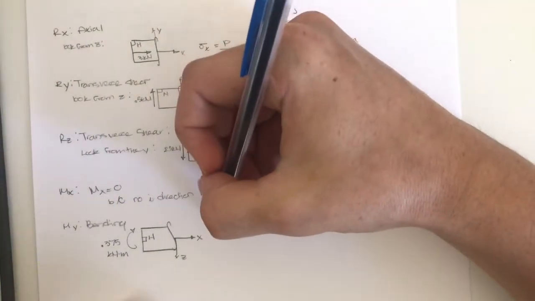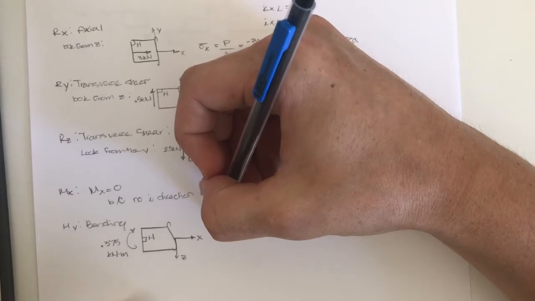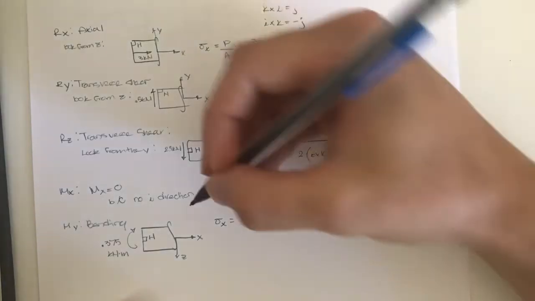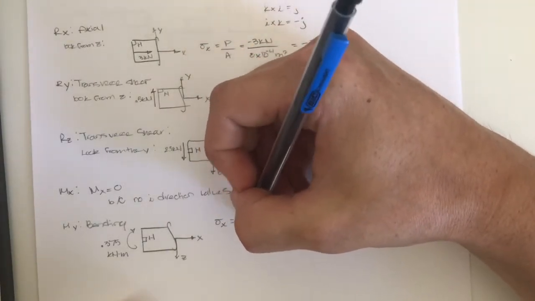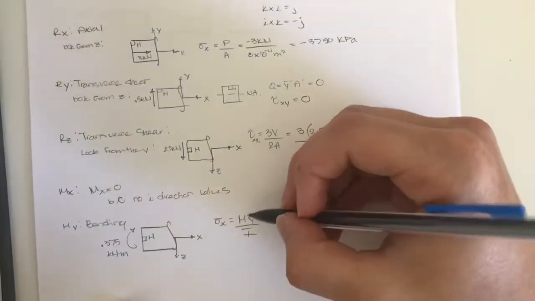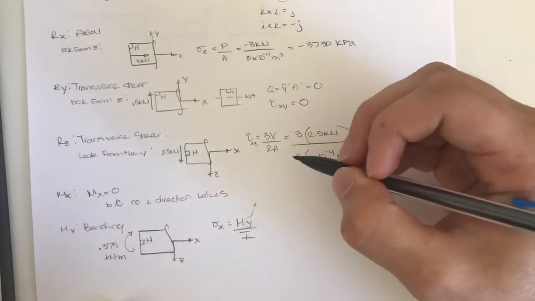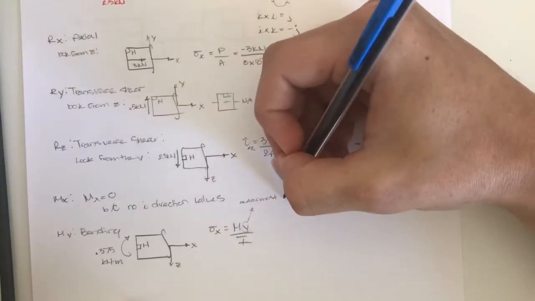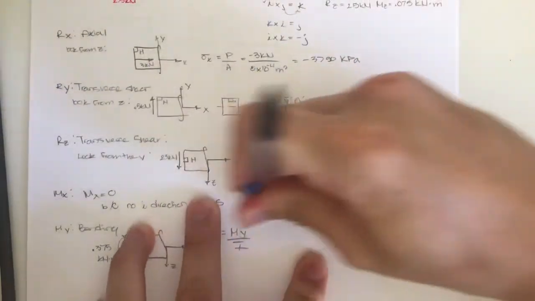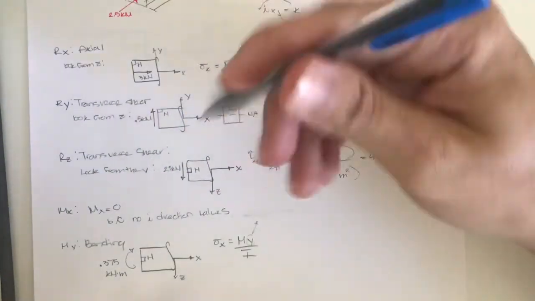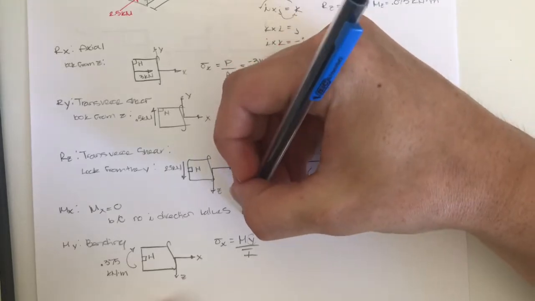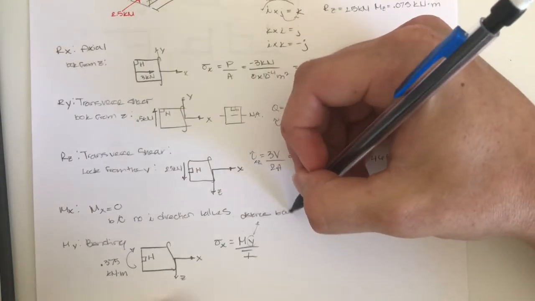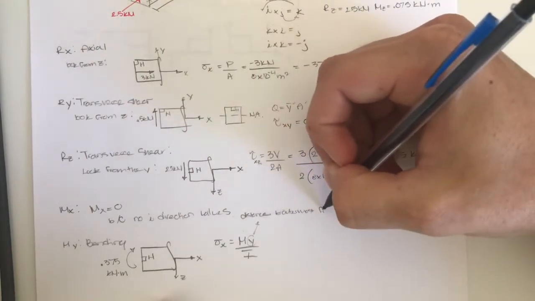So we know that there is going to be a stress in the x direction here, where stress equals My over I. Y is the distance to the outermost fiber from that point to the outer fiber.